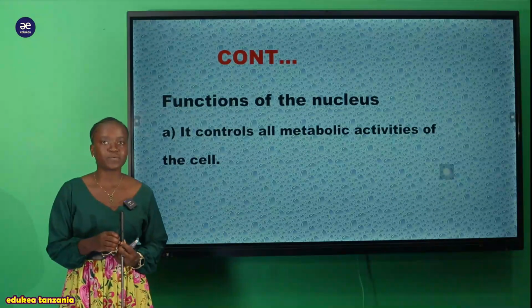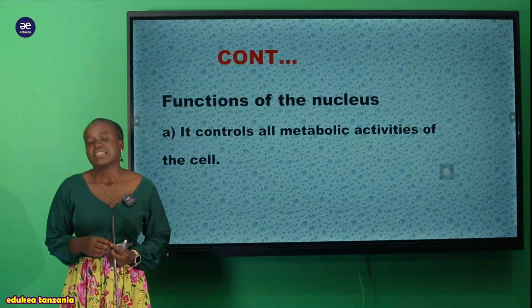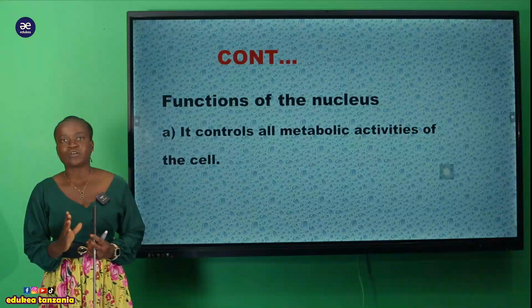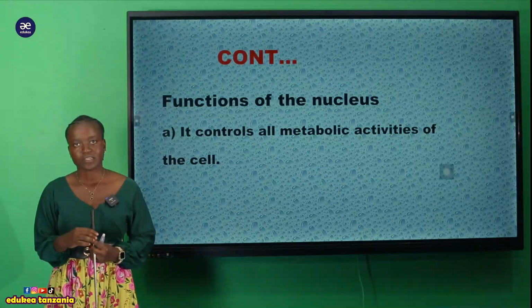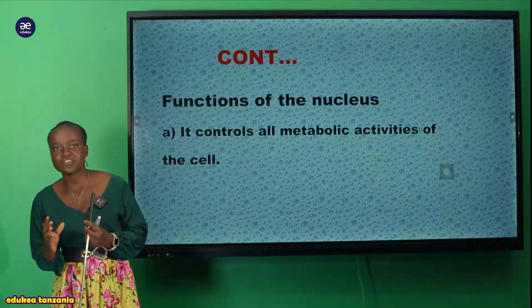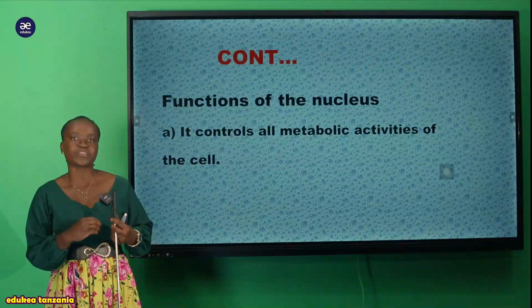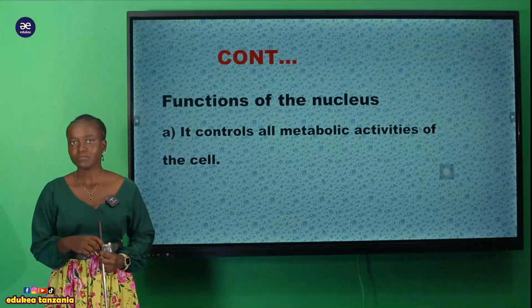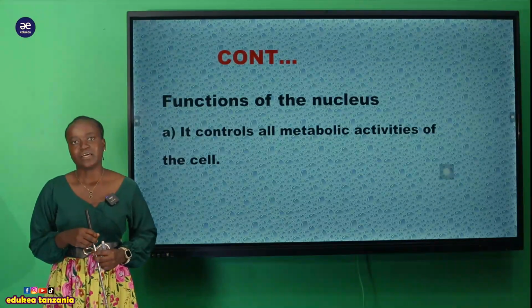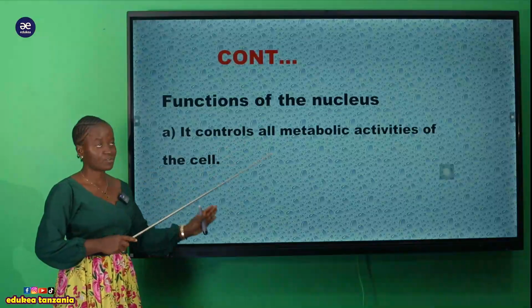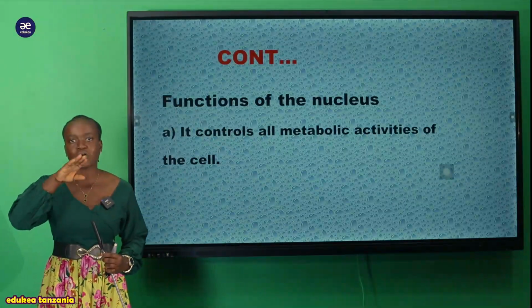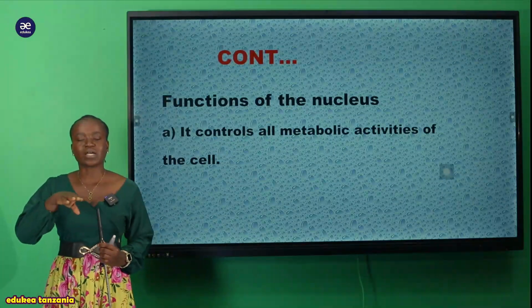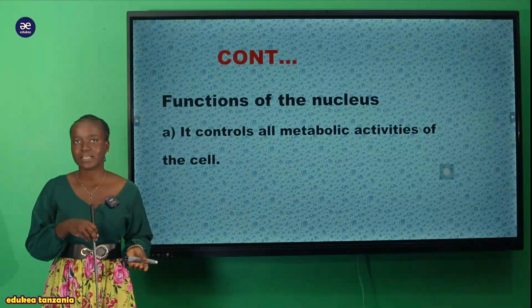What kind of metabolic process are we talking about here? The metabolic processes include respiration. In order for the formation of ATP or energy within an organism, it demands the presence of the nucleus, since it controls that process occurring within a cell.